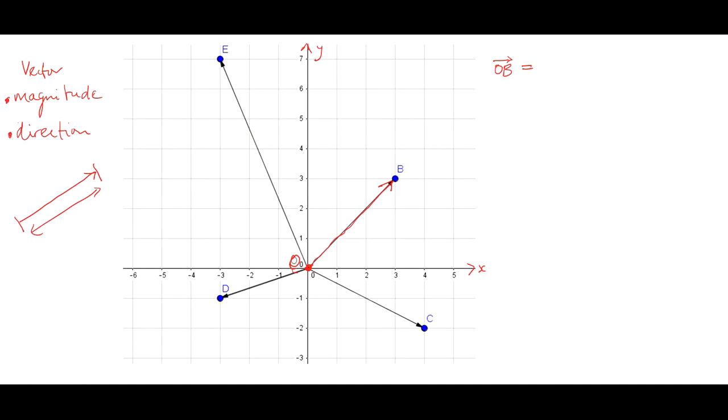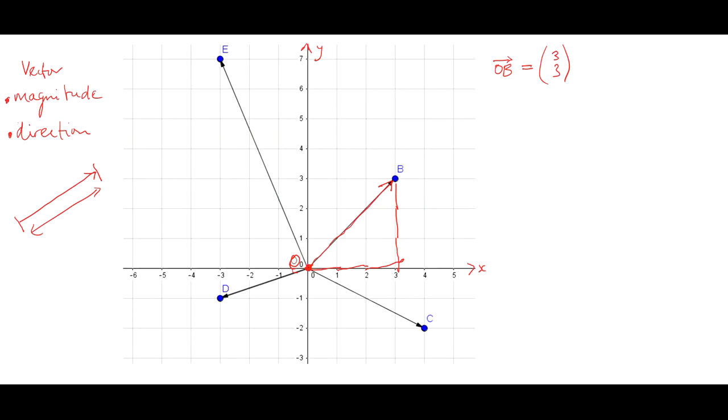In order to determine the vector OB, we start from O and we go across 1, 2, 3. So we're going to write 3 as our first number, and then we're going to go up 1, 2, 3. So the vector OB is represented by 3, 3, right?